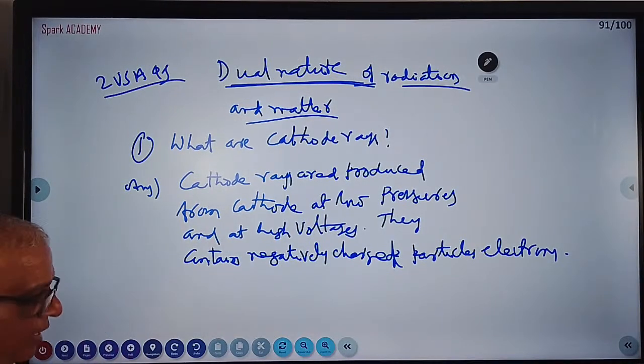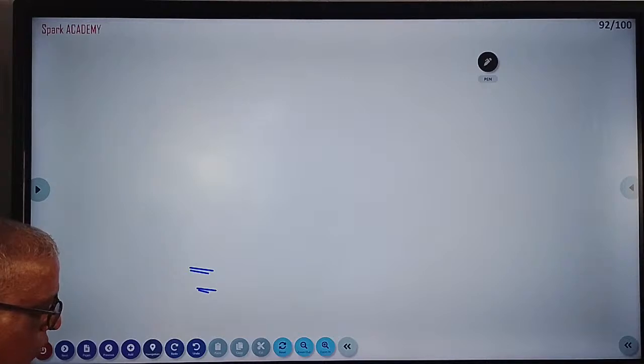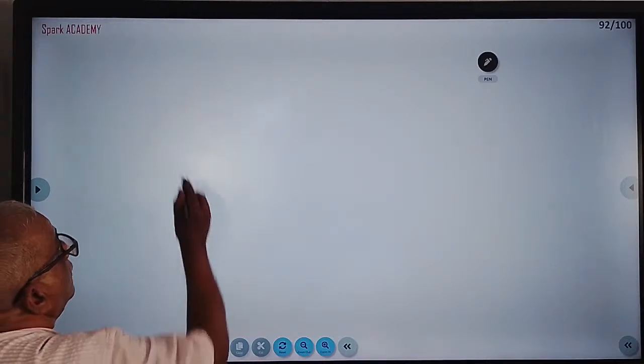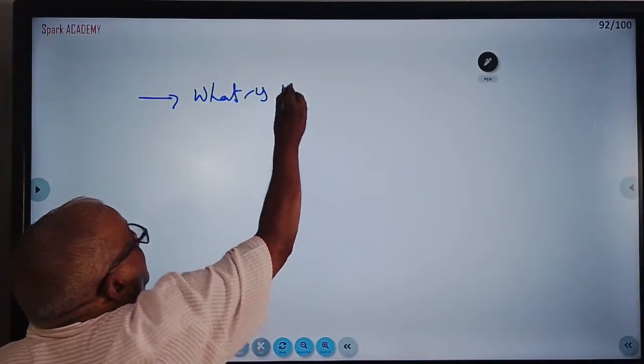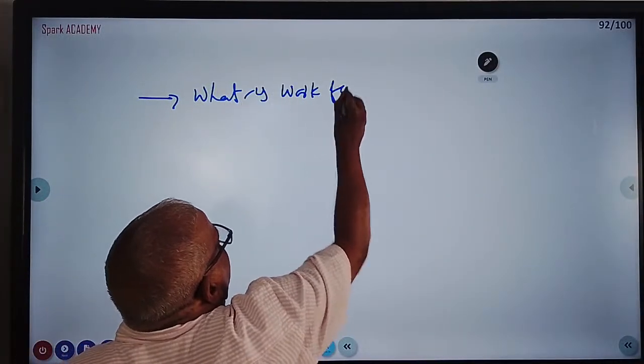Now, what is work function? This is a very important question.